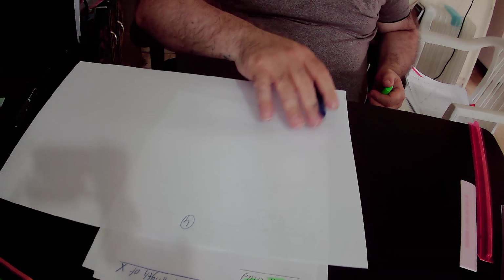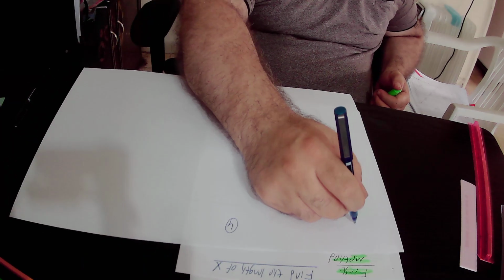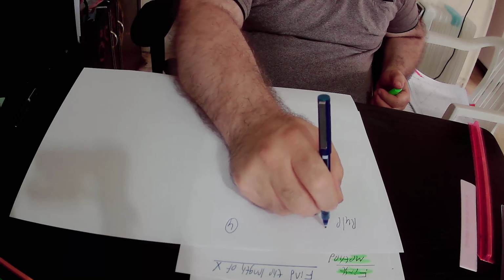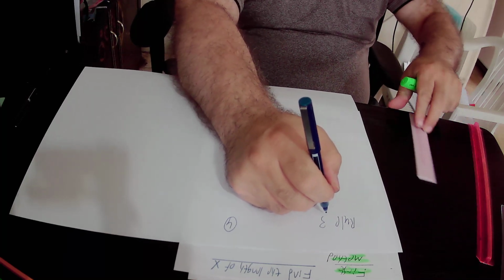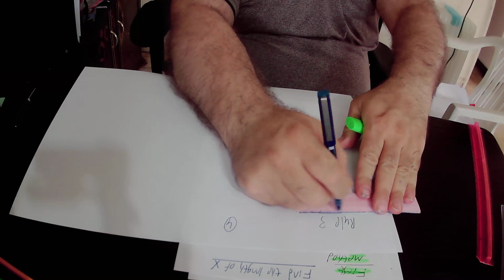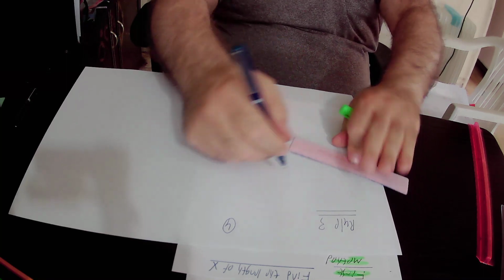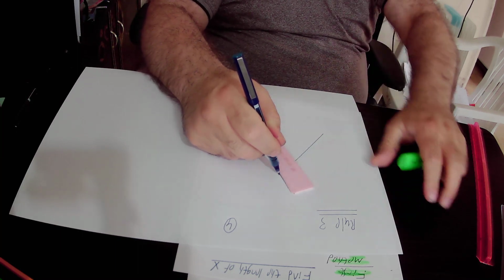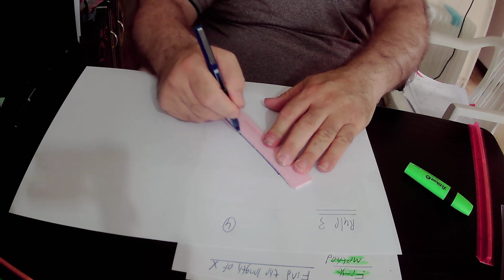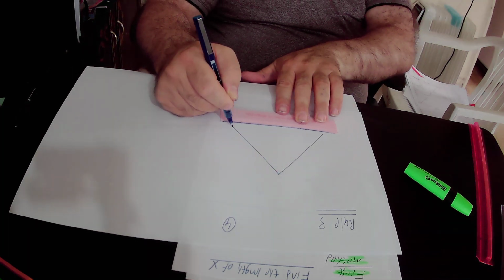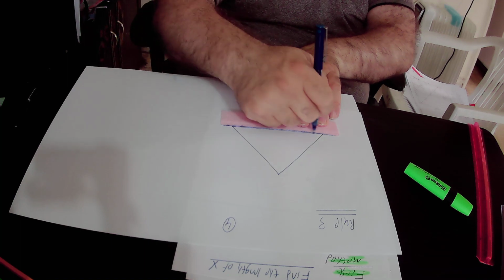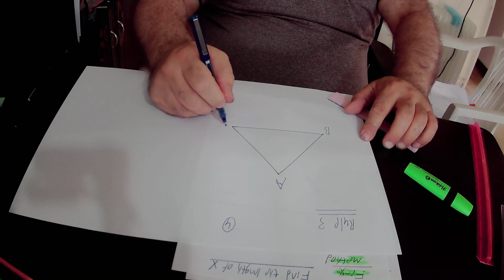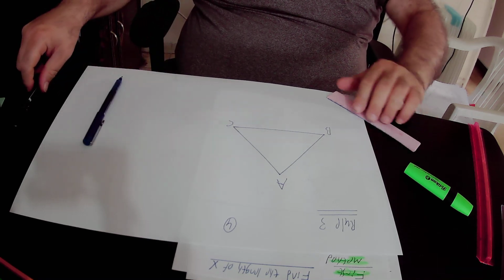According to rule number 3, if we have a triangle ABC, that could be any triangle, this is triangle ABC, and we have also the angle bisector.